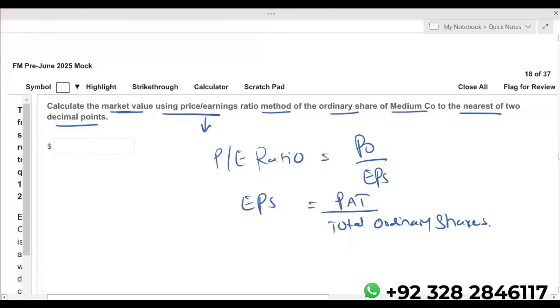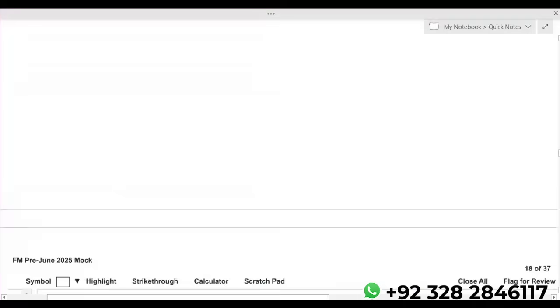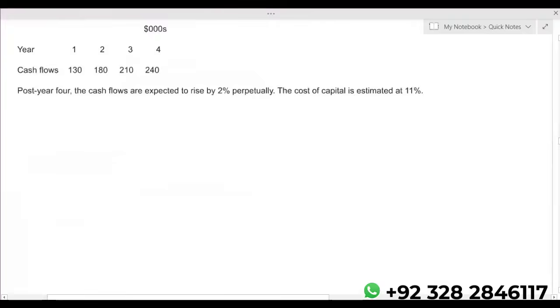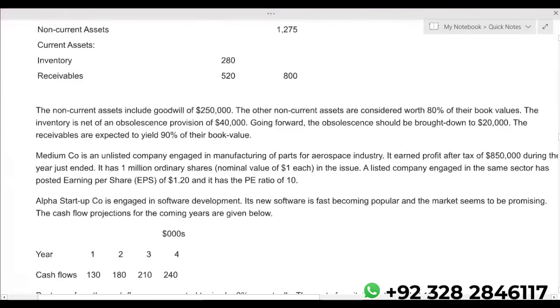In FM, even in AFM also, EPS is calculated by using a very simple formula, that is profit after tax divided by total ordinary shares. So examiner is asking us to calculate this P naught by using P/E ratio, and P/E ratio formula is P naught upon EPS, and we have to calculate P naught, market value of medium company. Let's see. Medium, small we have already done. Wow, it means the last one is going to be large.